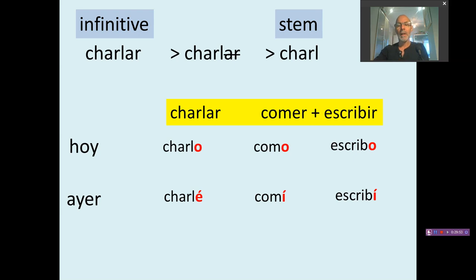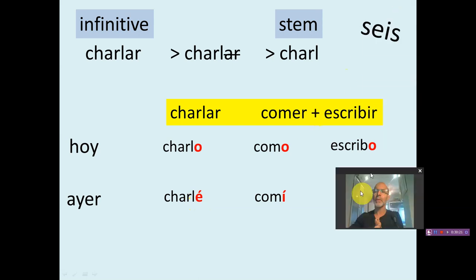And I told you, didn't I, that when you see an accent on a vowel like this, that's where the stress goes. That's what it's telling you. So it's telling you two things here. If we can remember that the pronunciation of E in Spanish is like an AY sound.